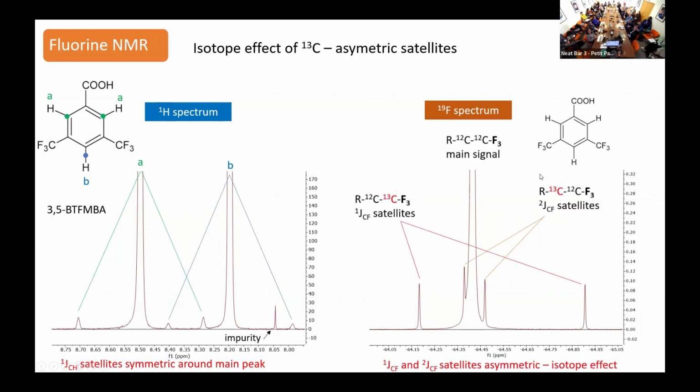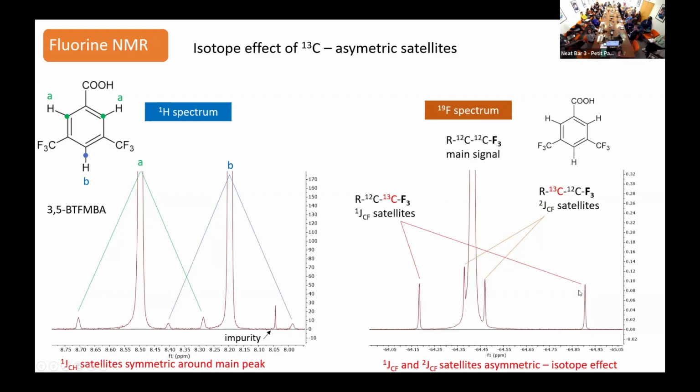When we look at the fluorine spectrum, in this case, this molecule is very symmetric. So we have 6 fluorine nuclei, but only 1 chemical shift for all of them. Here's the main peak, for fluorine not bonded to a carbon-13. When the fluorine is bonded directly to a carbon-13, we have this pair of satellites.